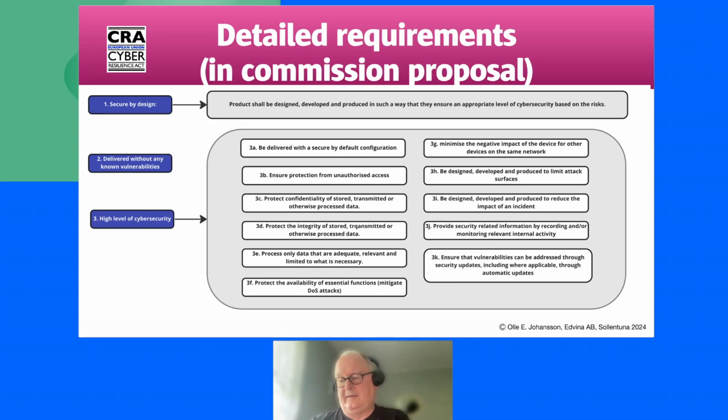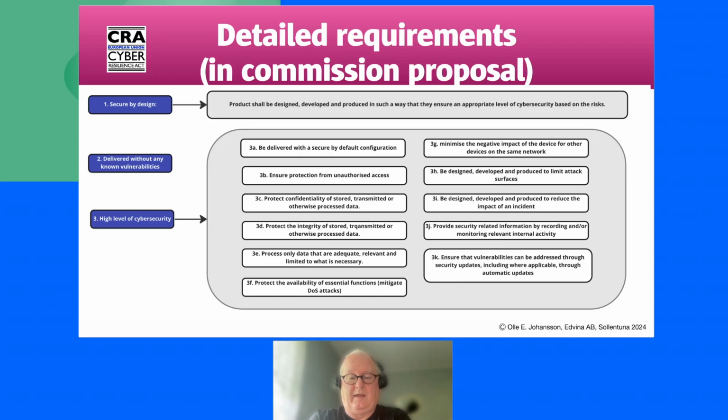As I said, the text is interesting because they have a lot of details in it. In the first proposal from the Commission, it has been cleared up since, but this picture is from the first Commission proposal. They had a lot of text and expressions that weren't explained anywhere. Secure by design, what is that, really, from a legal point of view? How do you talk with your compliance people and say whether or not you're secure by design?